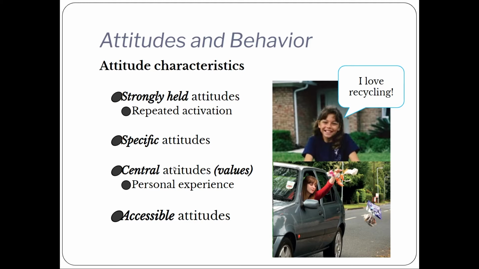Or an attitude could be chronically accessible, which means it gets activated very frequently. Then you would also be more likely to act in line with it. But if you had an attitude, let's say, 10 years ago, and you don't really think about it, then your behavior would be less likely to align with that attitude.